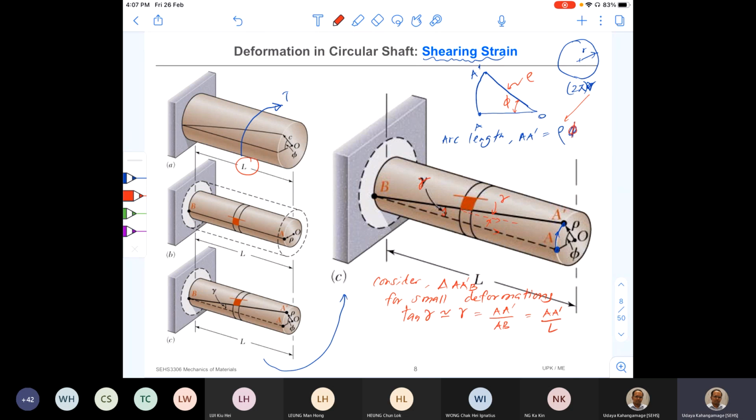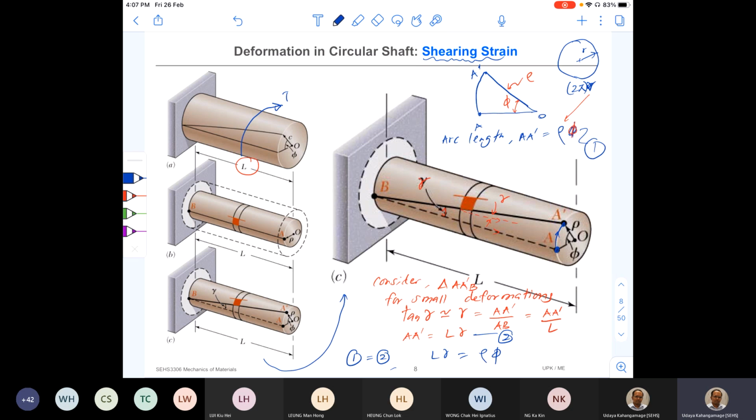Okay, so that means A prime is equal to L times gamma. So we found two equations now for A prime. This is 1 and this is 2. So 1 is equal to 2. Right? So now what we can see, L gamma is equal to rho times phi.